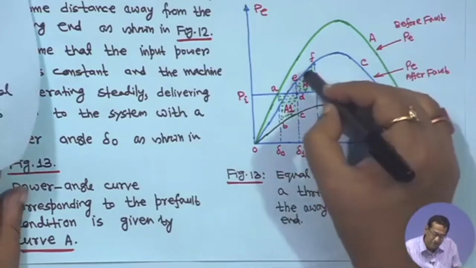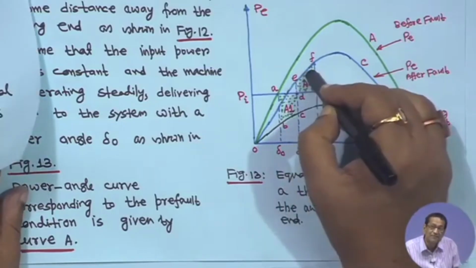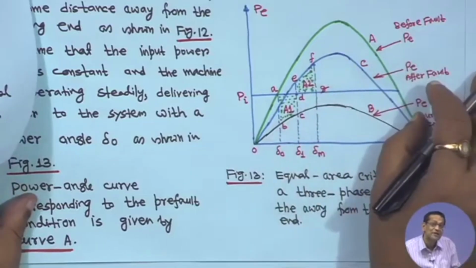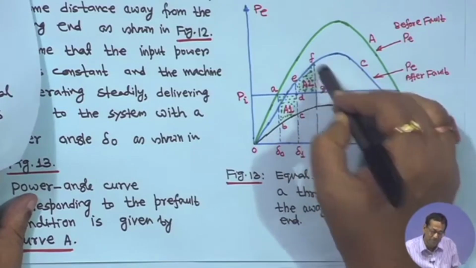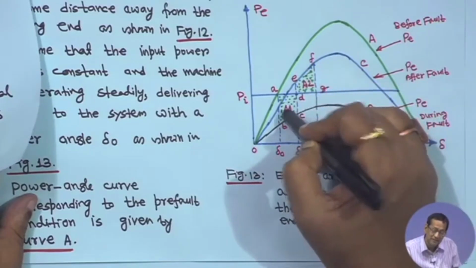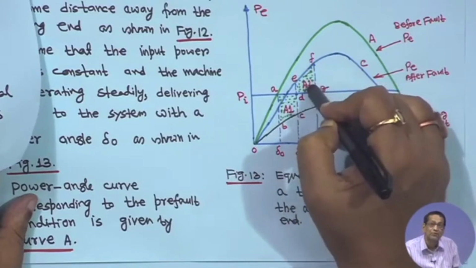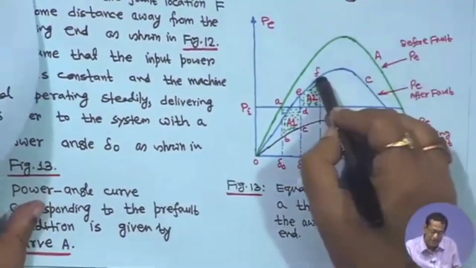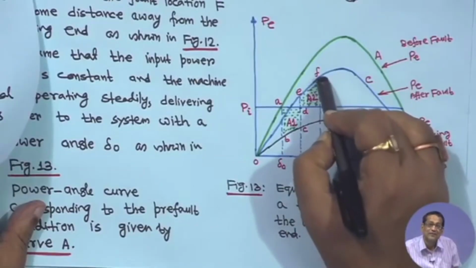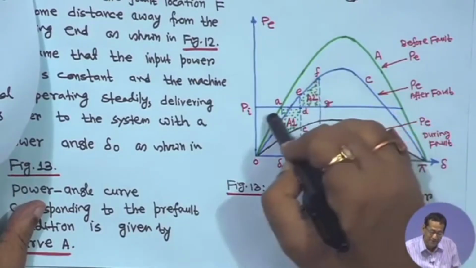After that it will decelerate, with the same philosophy as the equal area criterion. Finally, it will reach point F, where the accelerating energy A1 is equal to the decelerating energy A2, and after that the electrical power on the blue graph at point F is greater than Pi.